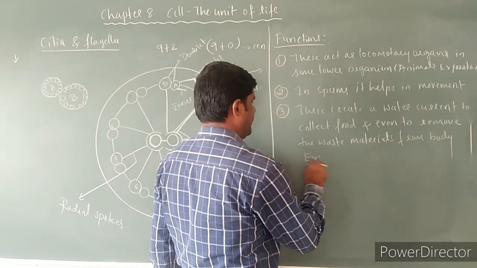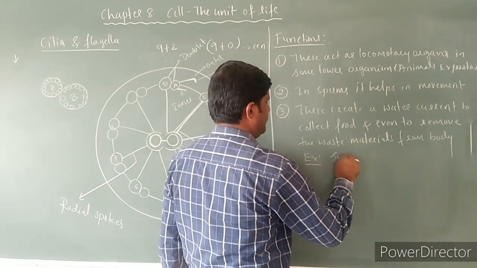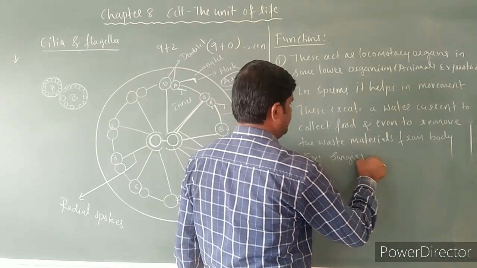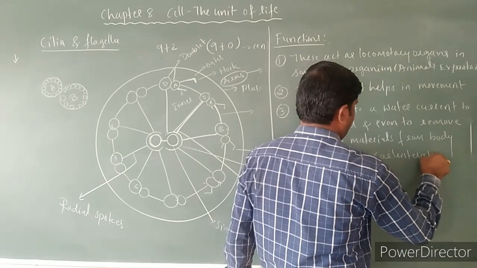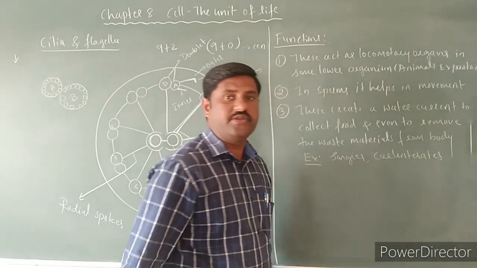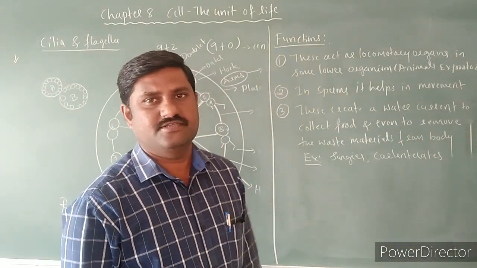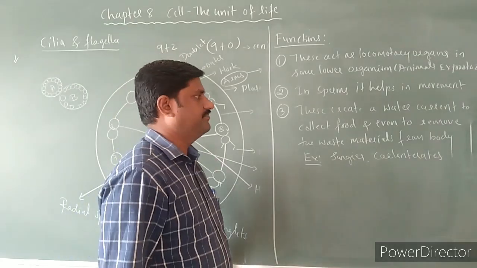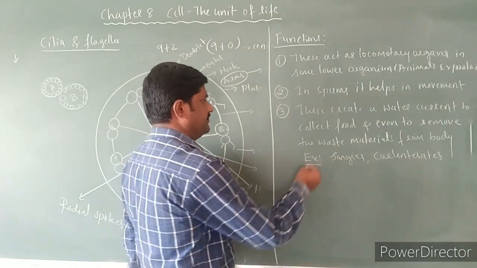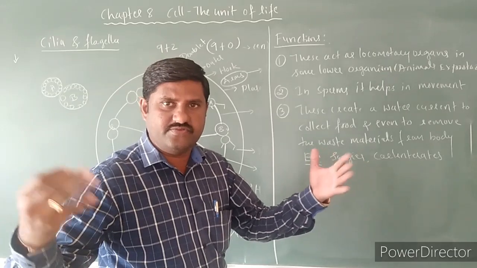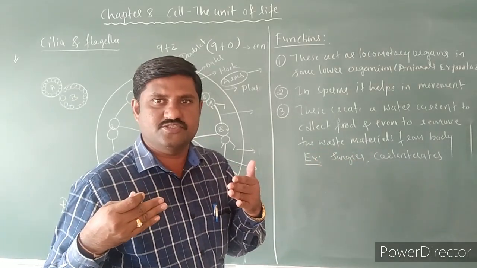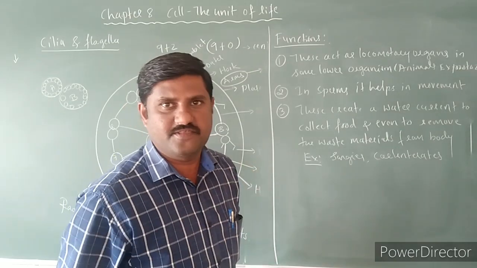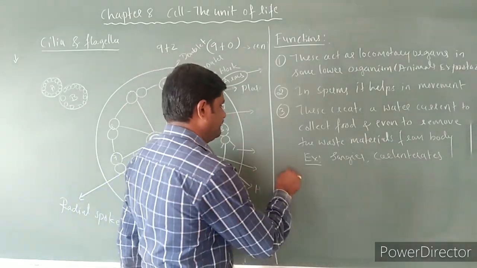Examples are some of the sponges, coelenterates, and tunicates. They create a current within the water, and through that current the food comes towards the animal, and the capturing of the food is done by the animal.